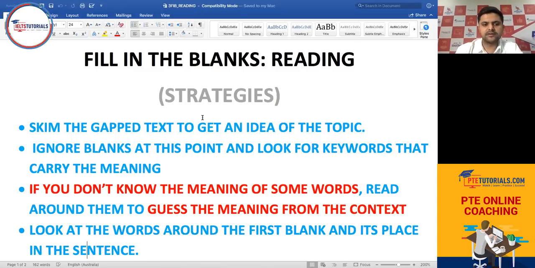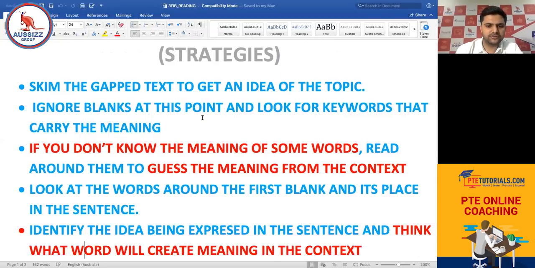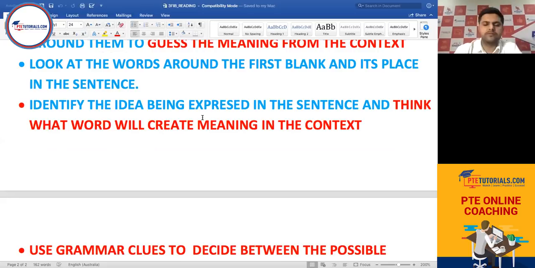Now when you're doing this, it is possible that you won't know the meaning of some words, so just read around them to guess the meaning from the context. And it's okay if you're not able to understand the meaning of one or two words. Just try to guess the meaning and quickly move to the next sentence.